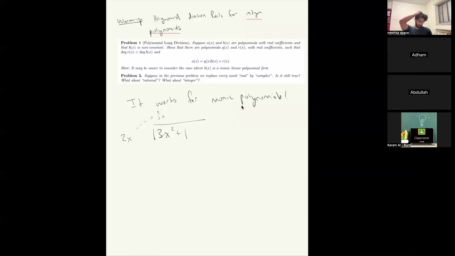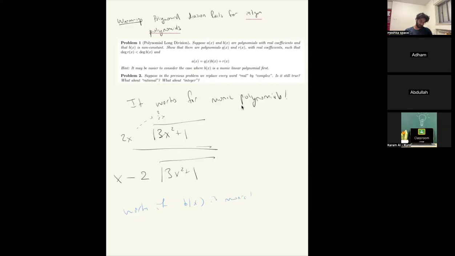But I want to point out that it doesn't work for integer polynomials in general, but it works if the one you're dividing by is monic. Let's write it: it works if B of x is monic. And you can sort of see why.